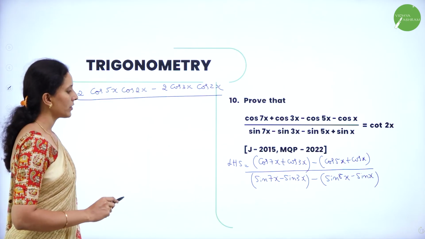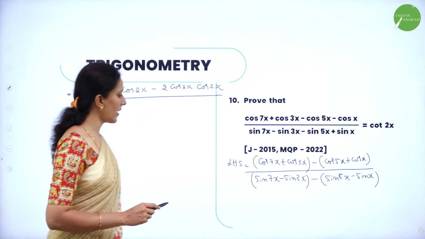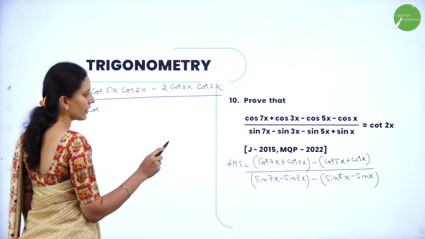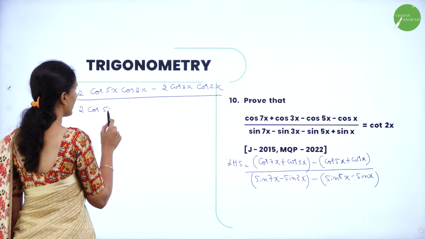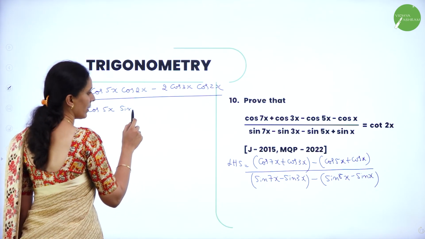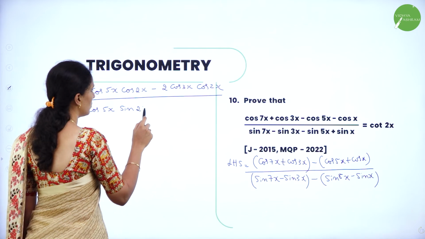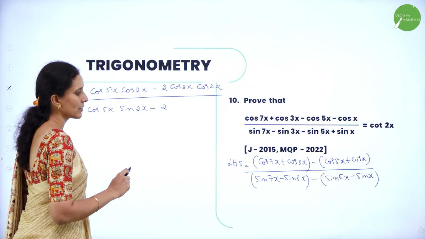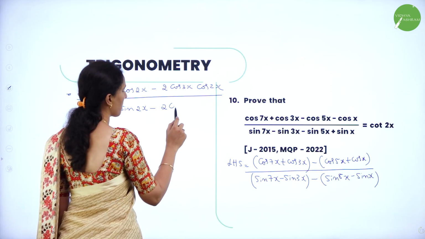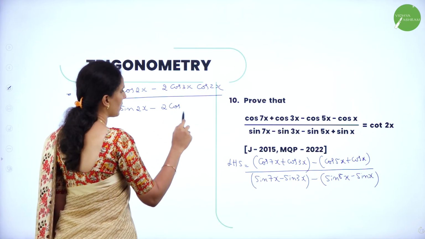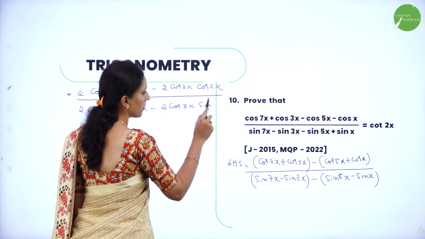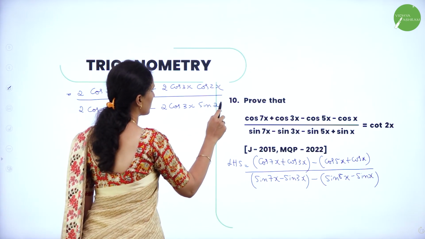Divided by, next we have the sin C minus sin D form, which can be written as 2 cos of (7x plus 3x)/2, that is 5x, sin of (7x minus 3x)/2, that is 2x. Again 2 cos of (5x plus x)/2, which becomes 3x, and sin, we get it as 2x.